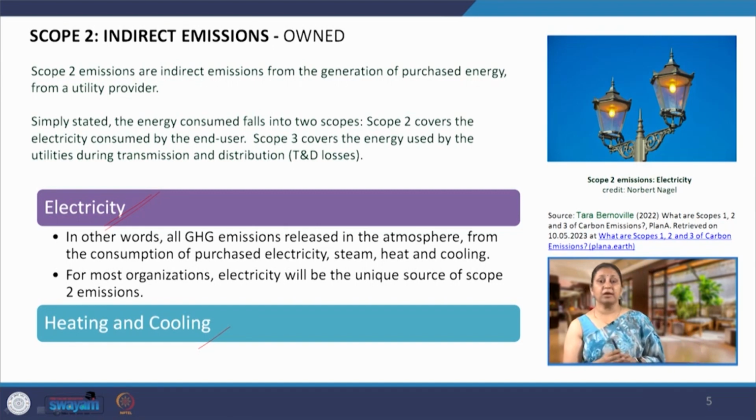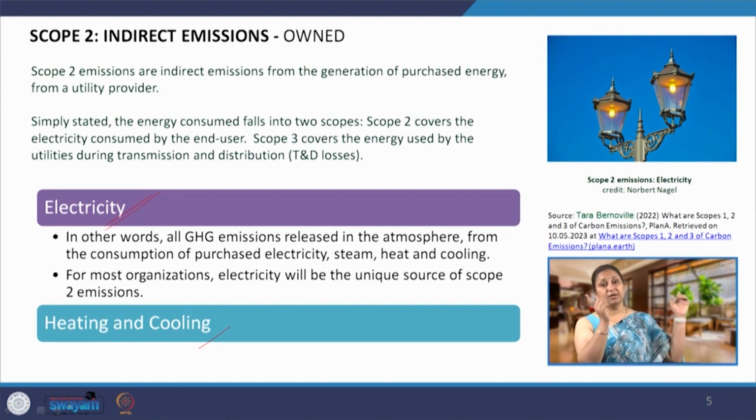In India, we might not have seen central heating or district heating and cooling, but especially in colder countries we have central district heating and cooling facilities, where heating and cooling could be purchased, or maybe a very large facility has a central heating and cooling facility that supplies heating and cooling.